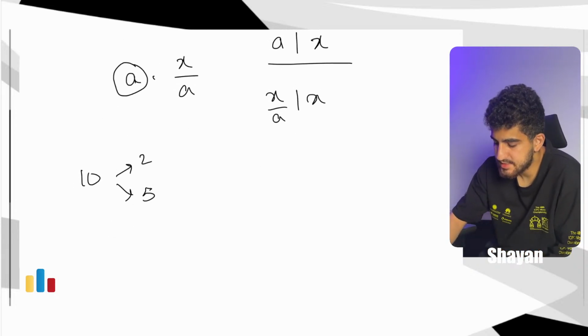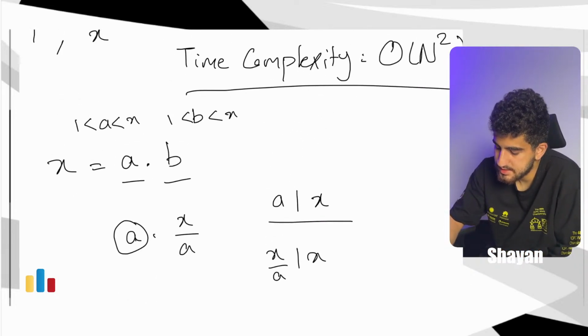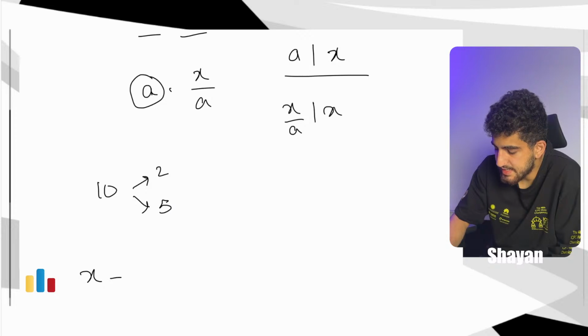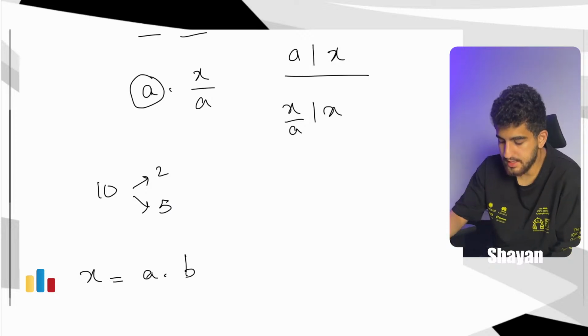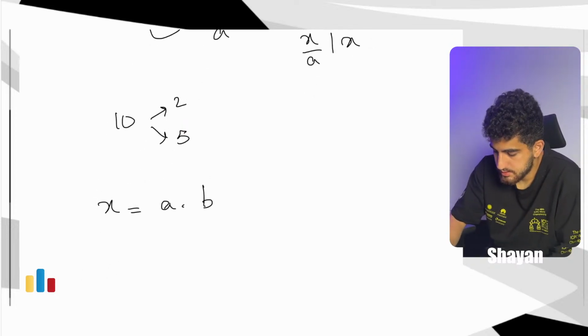So the main thing that I'm saying is that you can write x as a times b if x is not prime. So let me write it here.